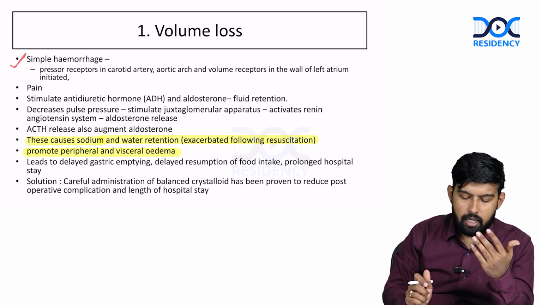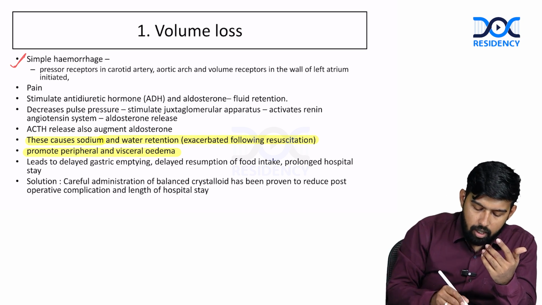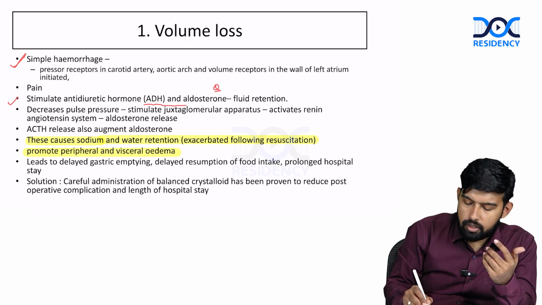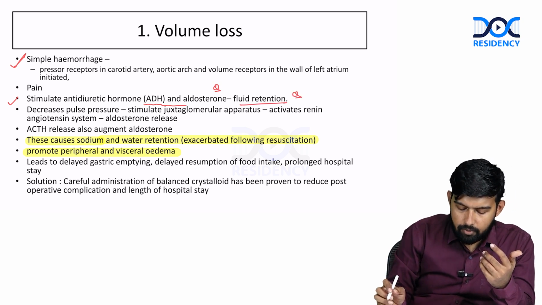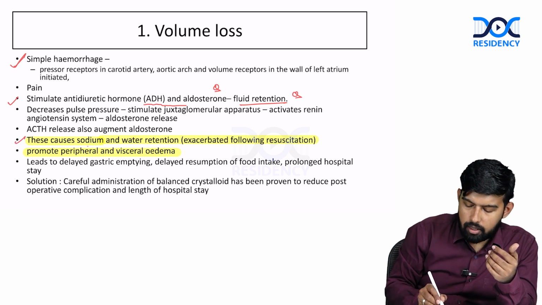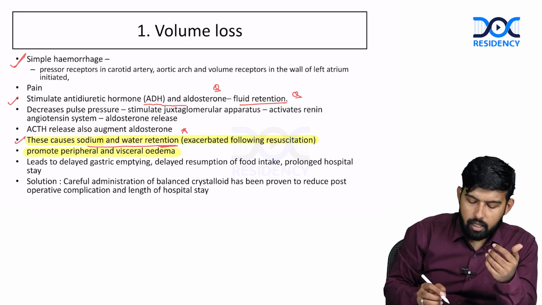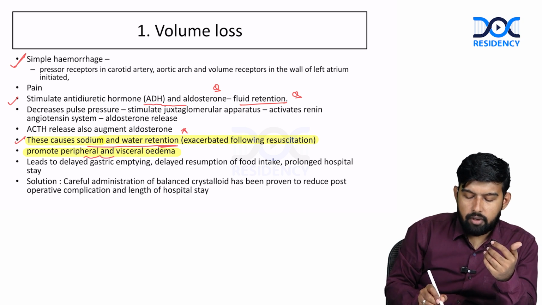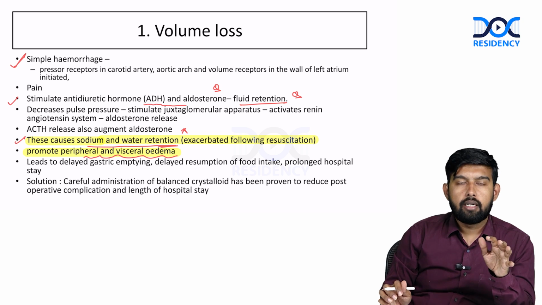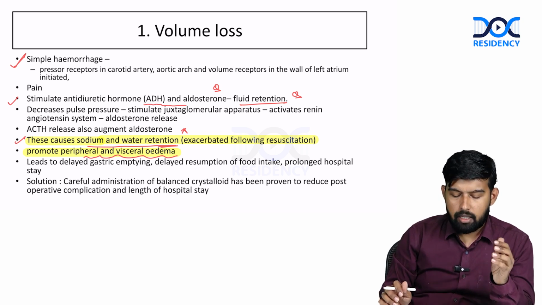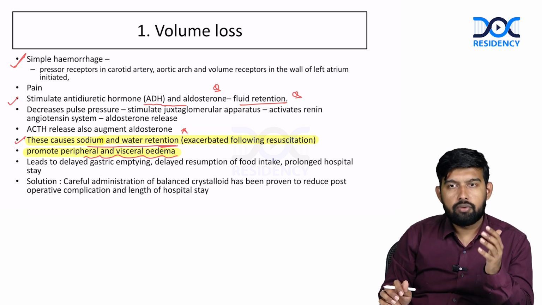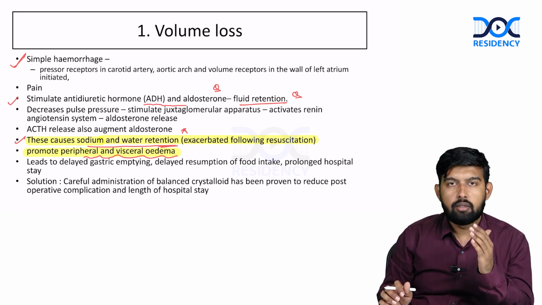Volume loss can also occur due to stimulation of ADH hormone, which causes fluid retention and also sodium and water retention, and it promotes peripheral and visceral edema. That is, the fluid increases in the compartment, which causes peripheral edema and visceral edema, which is unhelpful for the body.